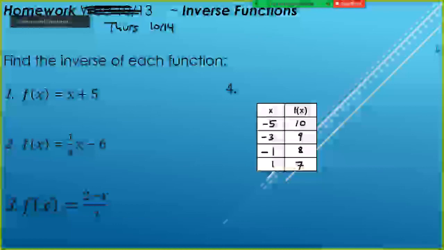For the first 3, I want you to try finding the actual equations of the inverse. So you've got the weekend for this, obviously, but try it today and tomorrow. And if you have any questions, you can ask me on Google Chat or on Remind. And then remember, Brandon has 2 hours of extra math time tomorrow from 10 to 12 every Friday.